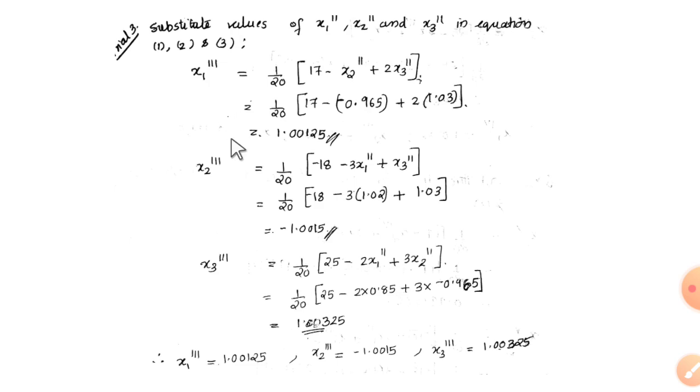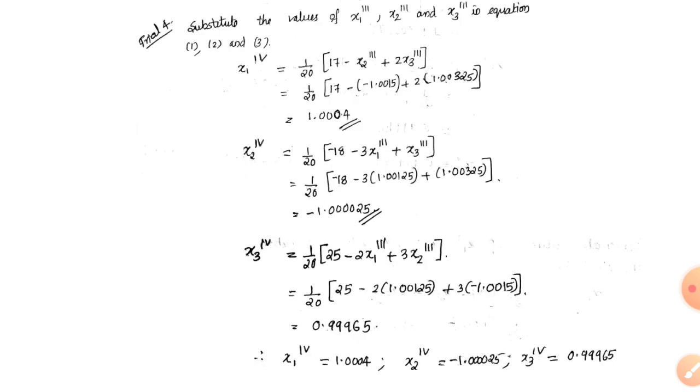The next set of values is x1 triple dash equal to 1.00125, x2 triple dash equal to minus 1.0015 and x3 triple dash equal to 1.00325. So we have to repeat the trial. In trial 4 we substitute the values of x1 triple dash, x2 triple dash and x3 triple dash in equations 1, 2 and 3.